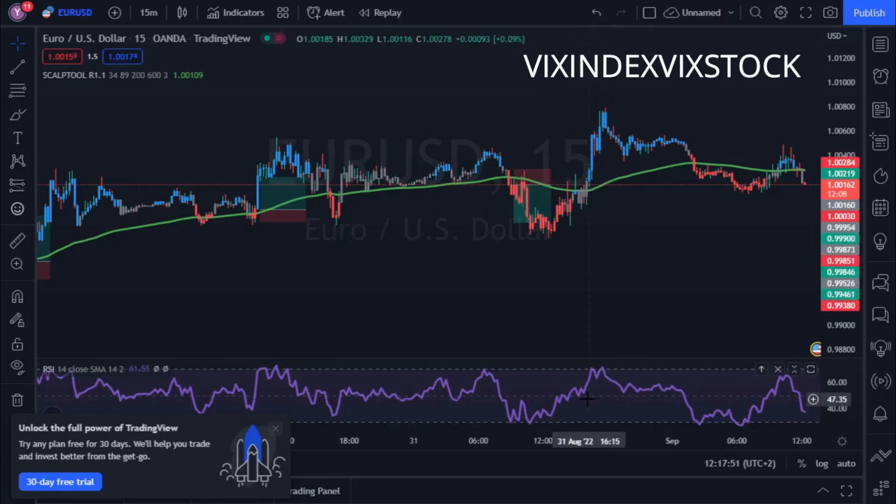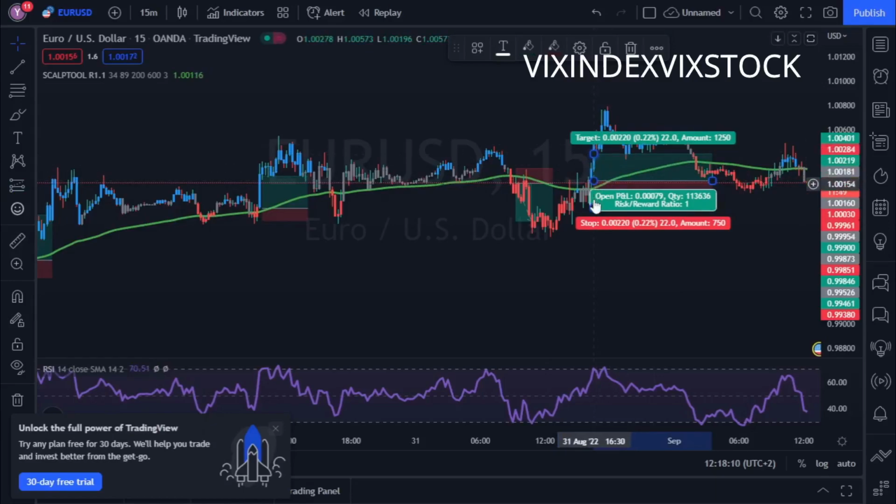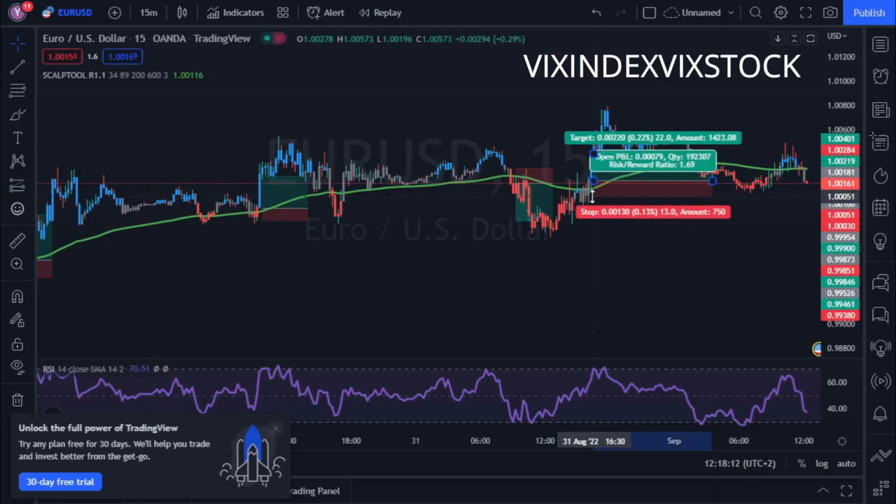And again, we look for our RSI to be above our 50 level mark, and we wait for price to cross back over our moving average. Our candle is blue again, and we do the same thing. You continue doing the same thing over and over.